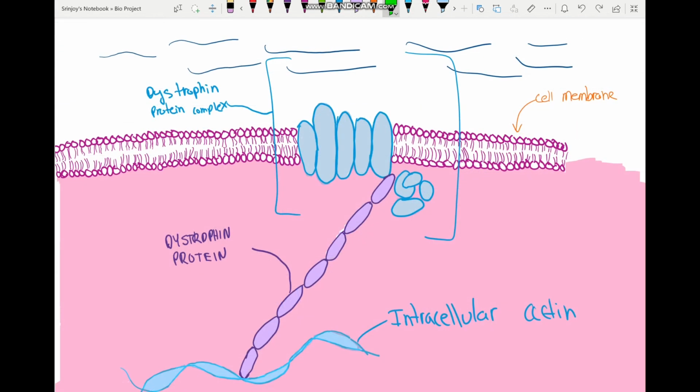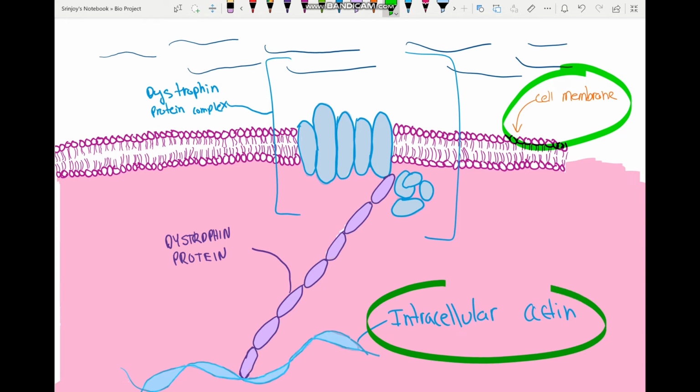Okay, so now we will look at what actually happens in the cell when there's a mutation in the DMD gene. This is a healthy cell. Right up here, we have the cell membrane, and as we can see, there are the phospholipid heads and tails. Down here, we have the intracellular actin, a protein present in eukaryotic cells that facilitates muscle contraction. And up here we have the dystrophin protein, which is the link between the intracellular actin and the dystrophin protein complex.